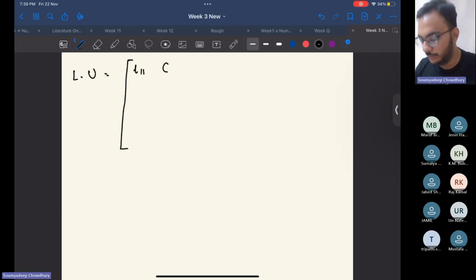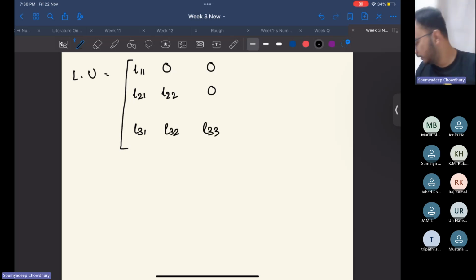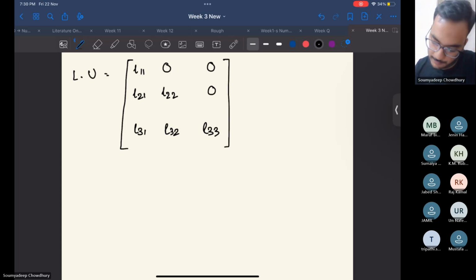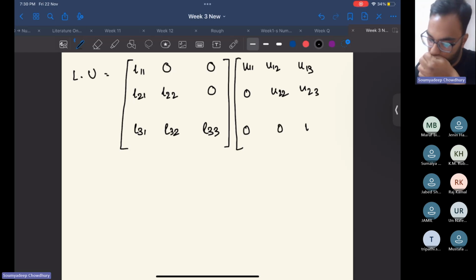L11, 0, 0, L21, L22, 0, L31, L32, L33, times U11, U12, U13, 0, U22, U23, 0, 0, U33.